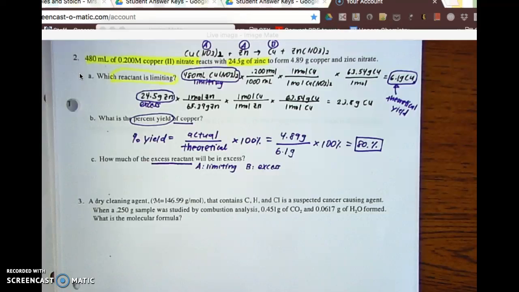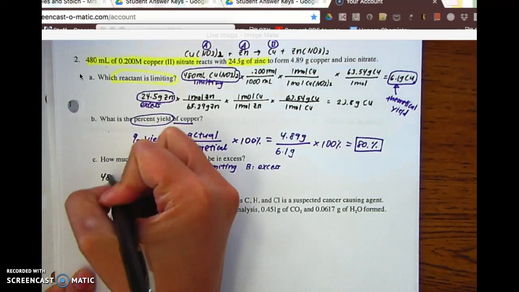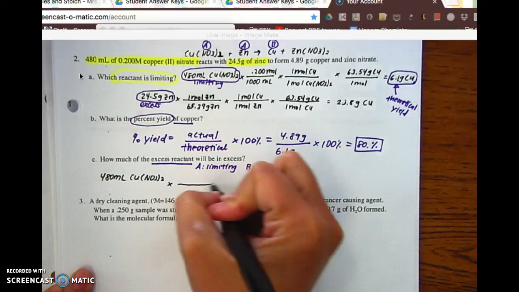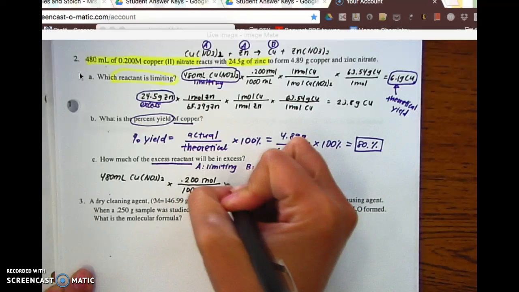I'm going to begin with my 480 milliliters of copper nitrate. Because I am beginning with milliliters, we're going to put 1,000 milliliters on the bottom, and on top we're going to put the molarity of the solution, which was 0.2, written as moles.